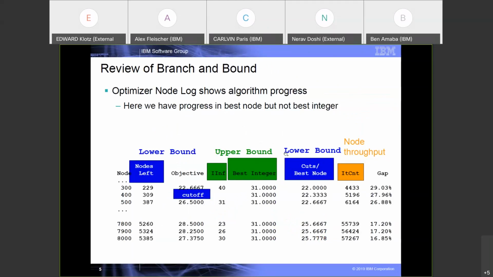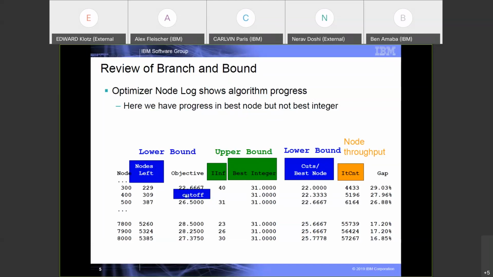So here we see a typical node log, and over here in column 6 is a measure of lower bound progress. But connected to that are columns 2 and 3 in the sense that the size of the active node list gives you some idea of lower bound progress. And the number of nodes in the objective column that are either infeasible or cut off, where cut off refers to the upper bound.